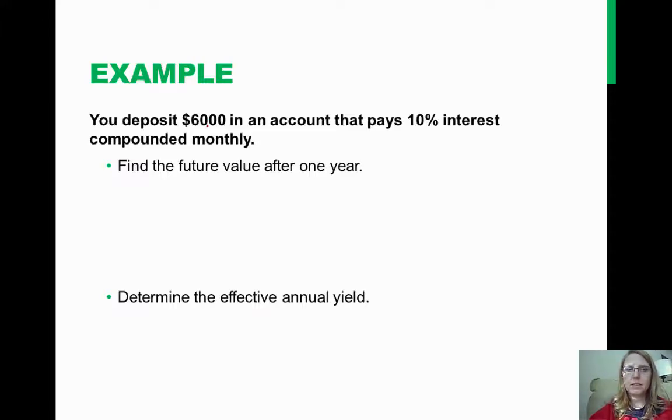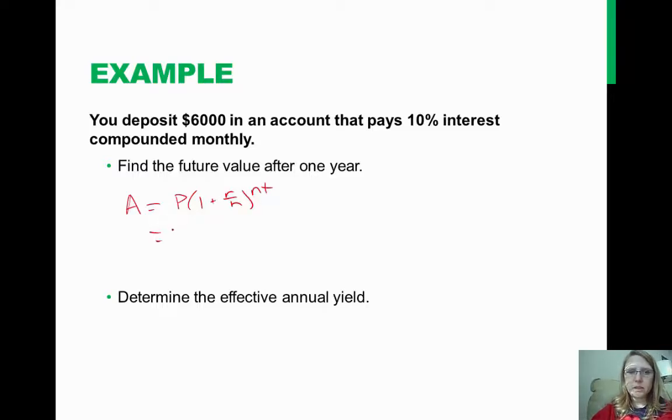We deposited $6,000 in an account that pays 10% interest compounded monthly. We want to find the future value after 1 year, and we want to find the effective annual rate, or the annual yield. So remember, our future value is A equals P times 1 plus R over N to the NT.